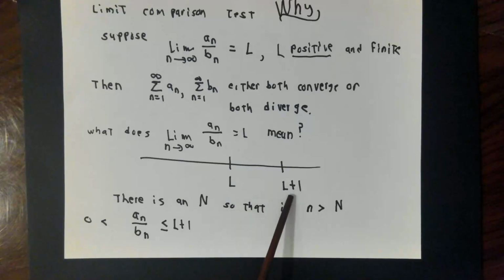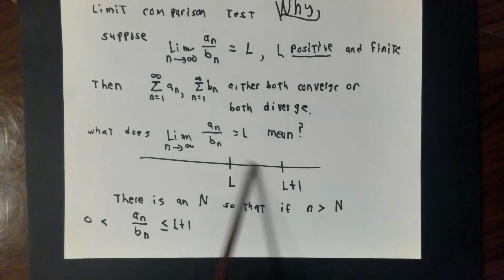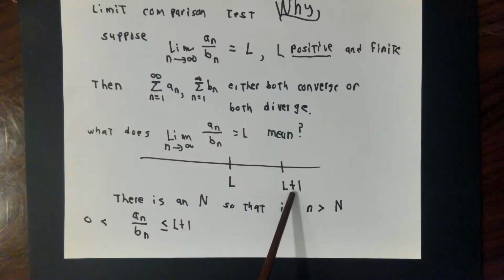L plus 1 is here. There is an index, capital N, so that if I'm looking at one of these fractions beyond that index, then I'm close to L. I am less than or equal to L plus 1, for instance. The 1 is not important. I could have used L plus 2 or L plus pi or whatever.